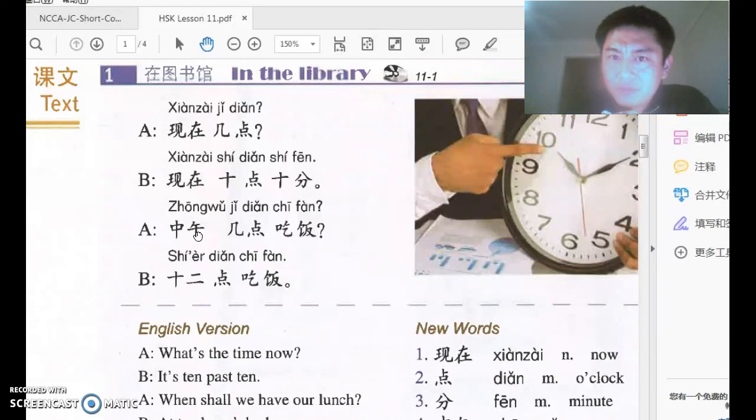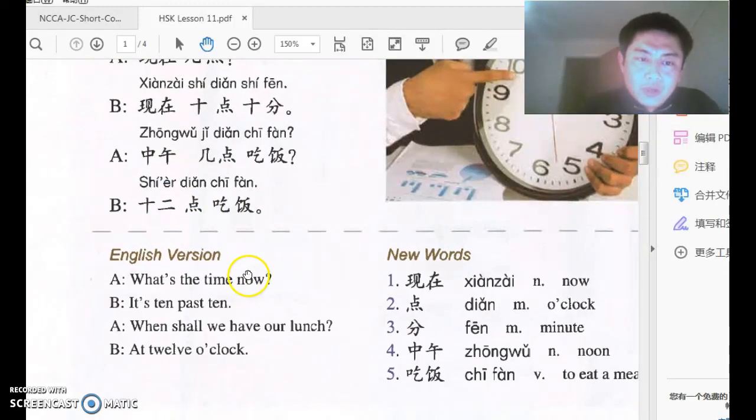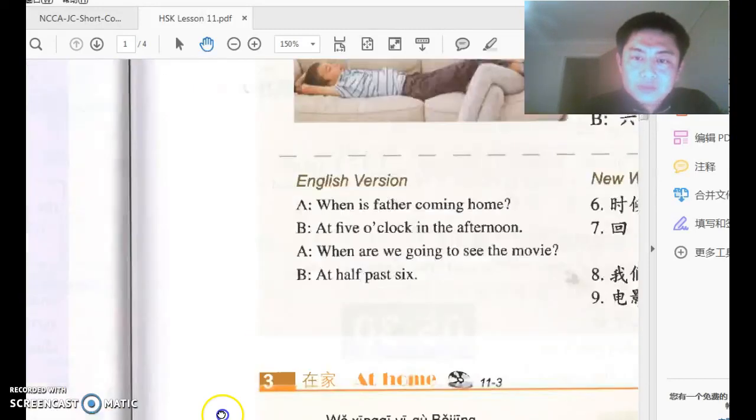It could be 12:30, and that's still noon. It's very indefinite. That's why we ask 中午几点吃饭. 中午 is a period of time, and during this period, what time are we going to 吃饭, eat food? And B says 12点吃饭. 12点, that's 12 o'clock. So that is conversation number one.